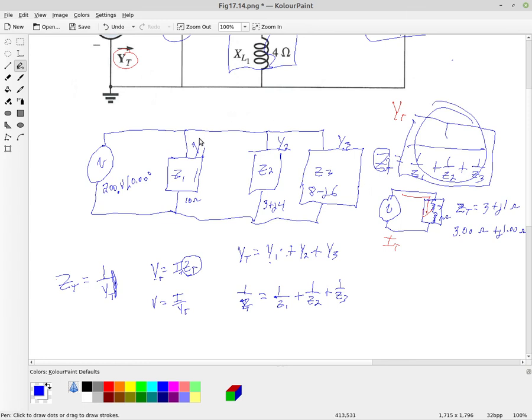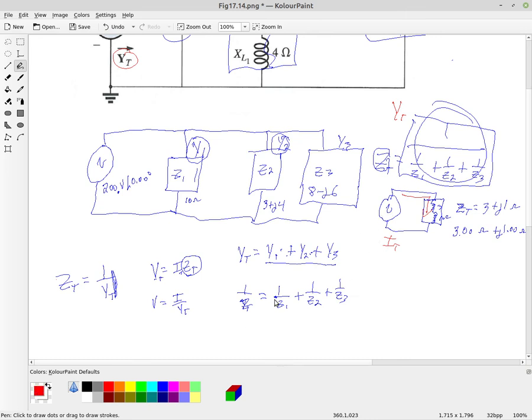But with parallel circuits, a lot of times people like to play with this admittance term instead of the impedance term, and that certainly works, because it really is the reciprocal of the impedance.